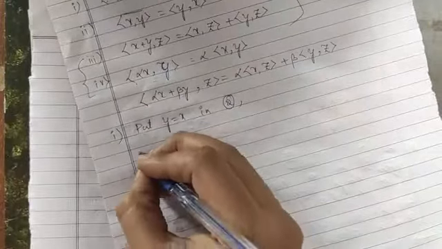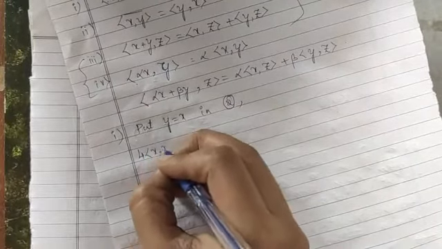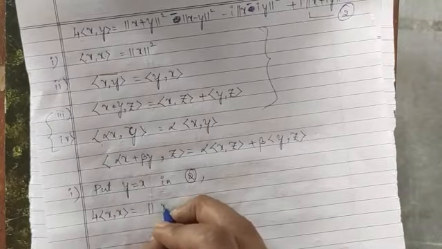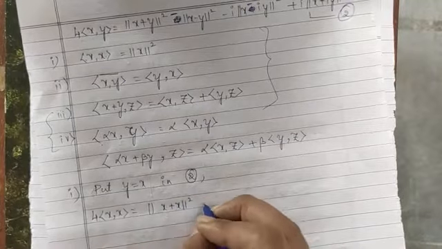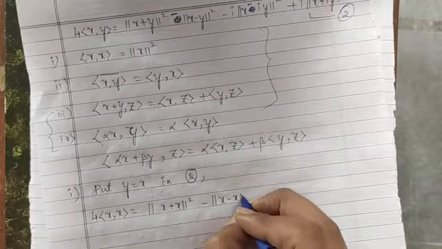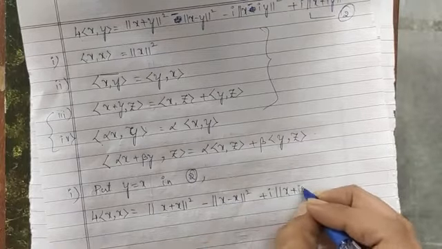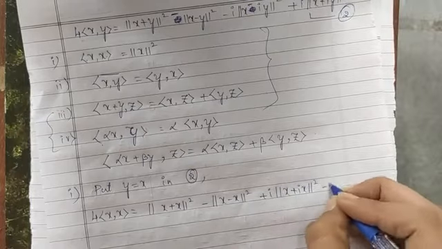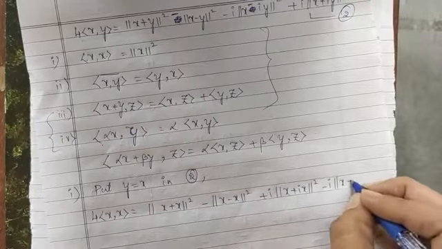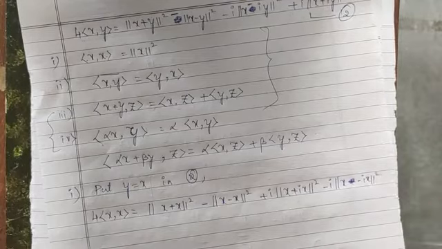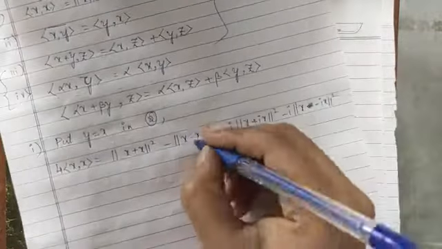What you will get: 4 into the inner product of x comma x is equal to norm of x plus x whole square minus norm of x minus x whole square plus i into norm of x plus ix whole square minus i into norm of x minus ix whole square, right? So this is 0 and this is 0.